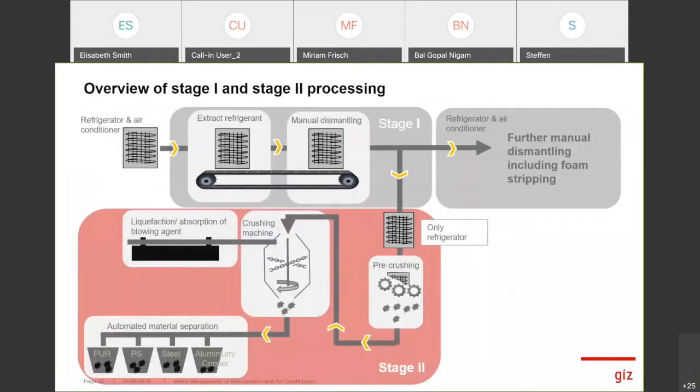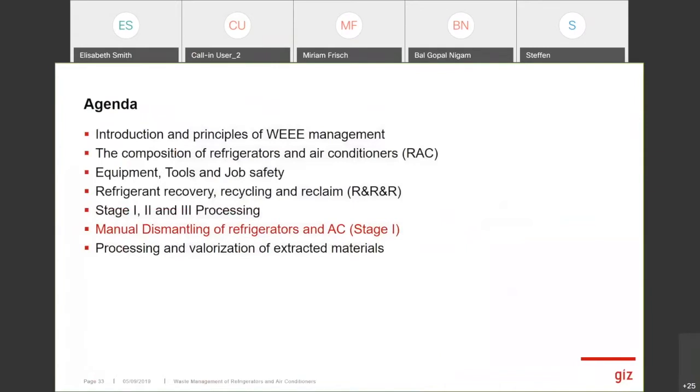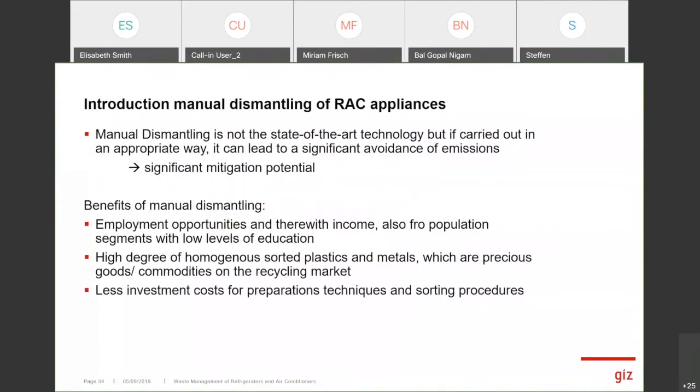So we should have now the agenda again. The manual dismantling of refrigerators and air conditioners, stage 1, more in detail. Manual dismantling is not the state-of-the-art technology, but if carried out in an appropriate way, it can lead to a significant avoidance of emission and therefore a significant mitigation potential.